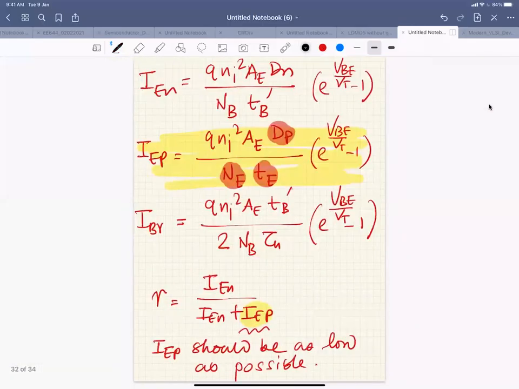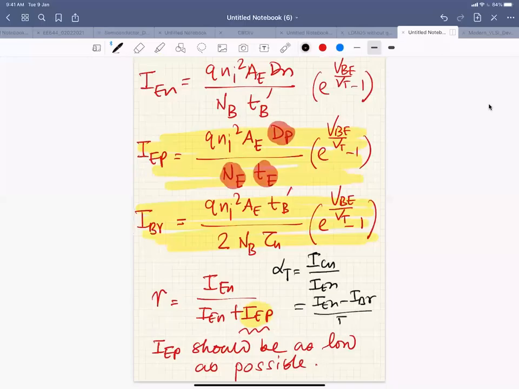Another thing is IBR, because your alpha T, your transport factor, depends on IBR. Your alpha T is ICN by IEN, and your ICN is nothing but IEN minus IBR, because some are recombining, right?